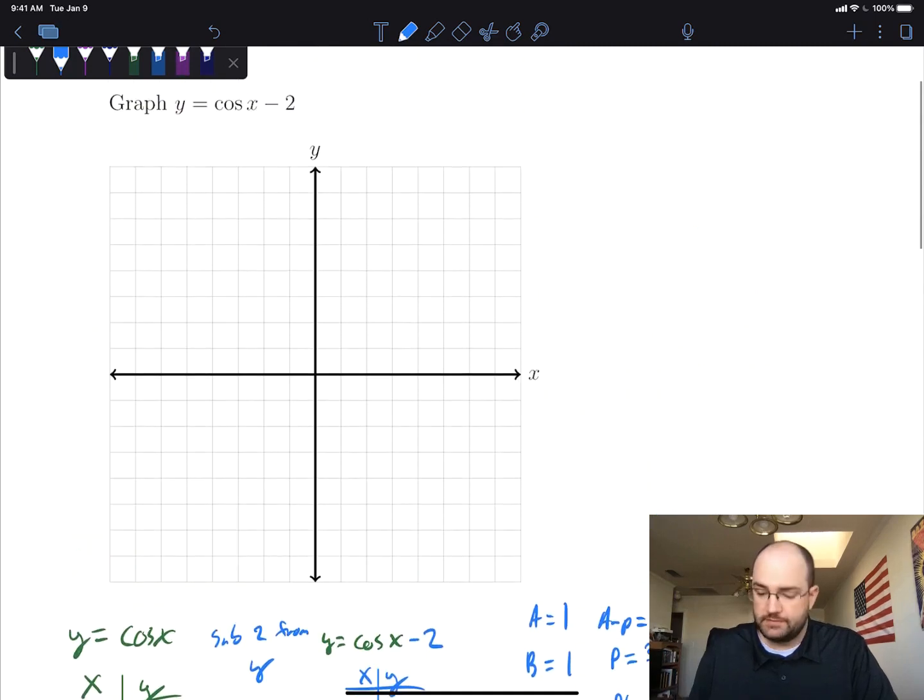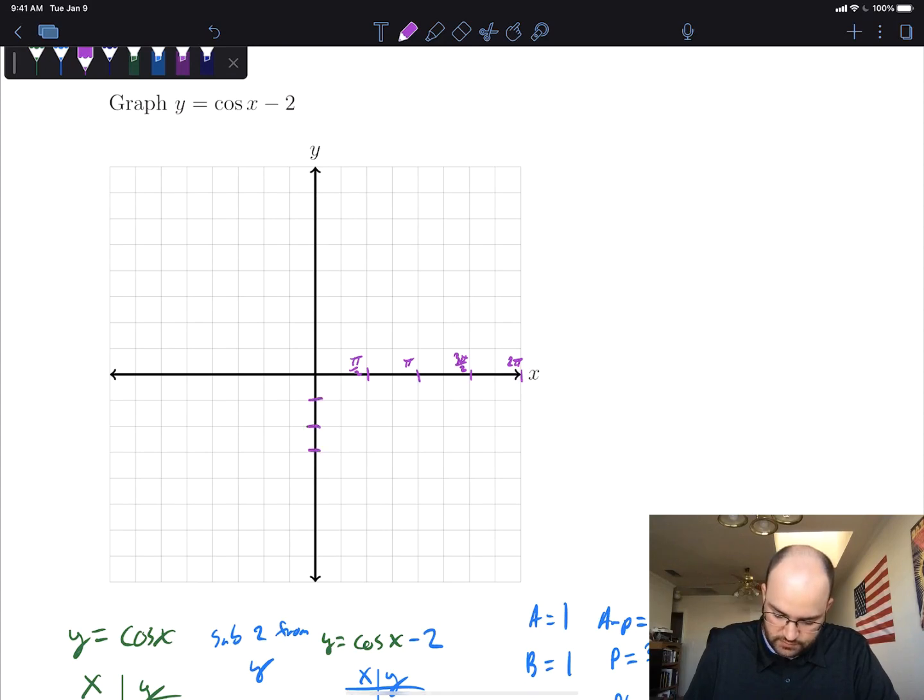Awesome, and then we just graph this. Now to do so, I'm going to go ahead and make the x's the same. So that would be pi over 2, pi, 3 pi over 2, and 2 pi. And I'm going to go ahead and make this go by 1s here. So -1, -2, and -3.